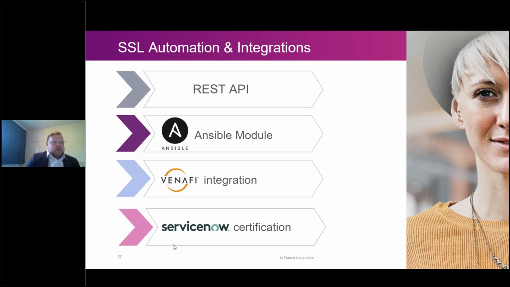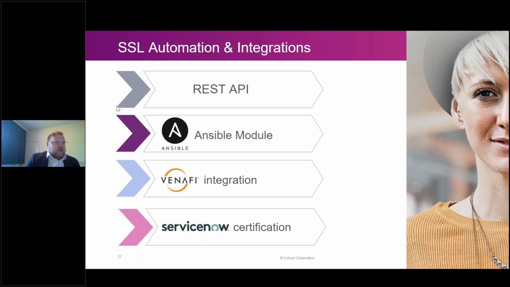So that's why at Entrust, not only do we have the cloud-based UI, which I showed you a screenshot of earlier, as well as the REST API, but in addition to that, part of our product strategy is to give our enterprise customers access to a number of different integrations which Entrust has built using our REST API to provide more flexibility for enterprises.